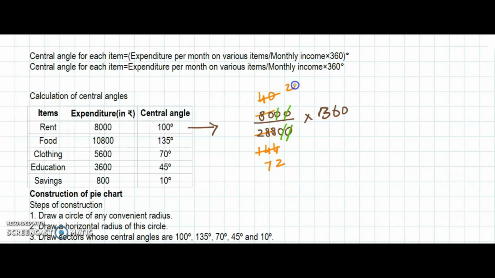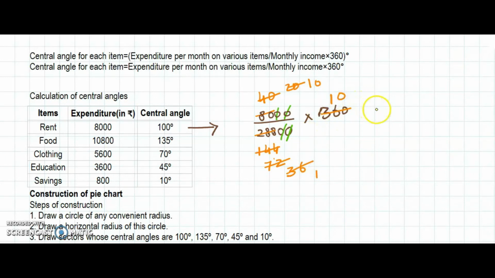It becomes 20. Let us simplify further: 2 3s are 6, and 2 6s are 12. It's very easy, and it becomes 10. Now I can cancel 36 directly: 36 1s are 36, and 36 1s are 36.